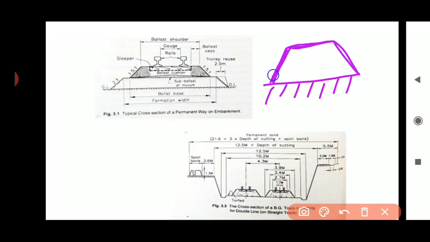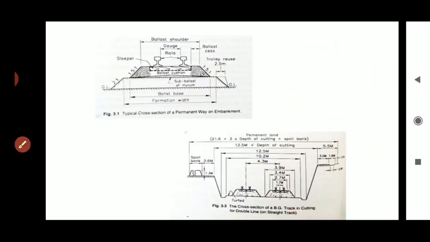Then this will be called an embankment. So if we provide additional earthwork over the existing ground and raise the ground level, then it is known as the embankment. Here this prepared formation will be called the embankment.